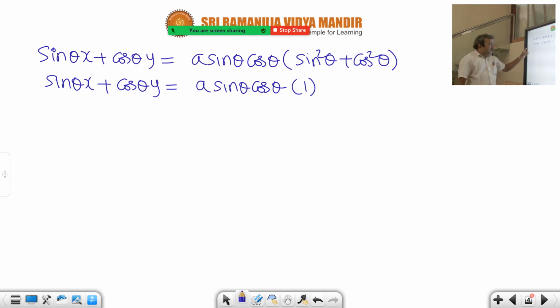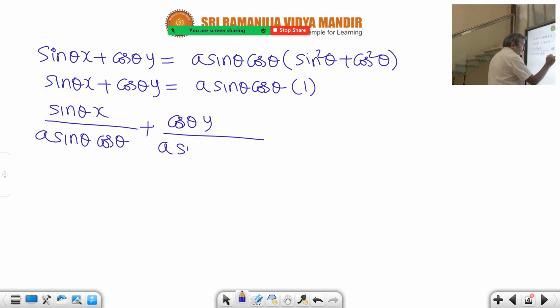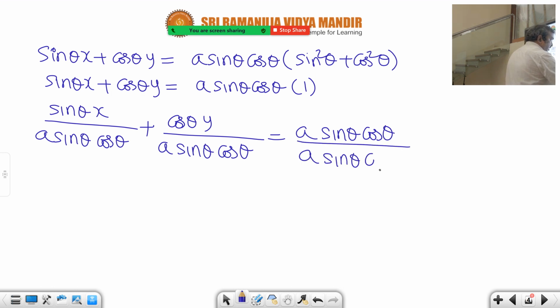So dividing this entire equation with this term, what will happen? Sin theta into x by a sin theta cos theta. Correct? Next, cos theta into y by a sin theta cos theta is equal to a sin theta cos theta by denominator a sin theta cos theta. Right?